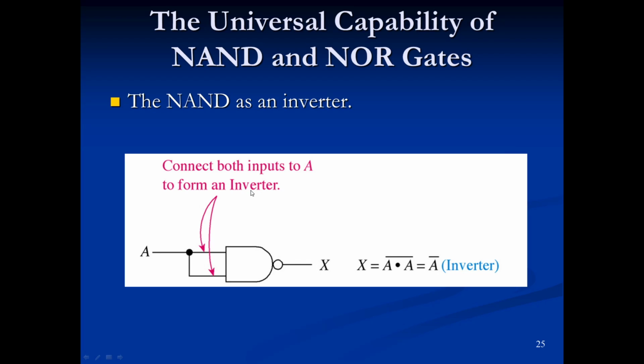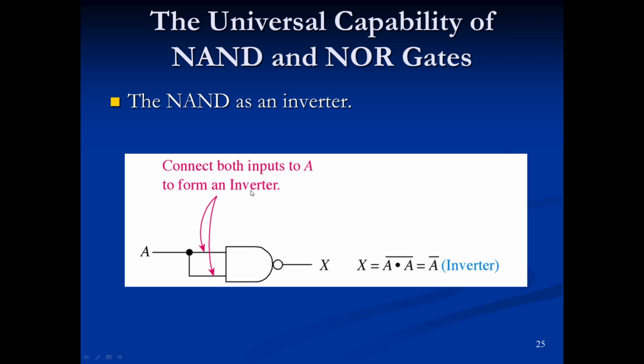So just to touch on this universal capability of NAND and NOR gates that they mention here. We can actually use NAND gates and NOR gates too, but we're starting with just NANDs. We can use them to, in this case, create an inverter.